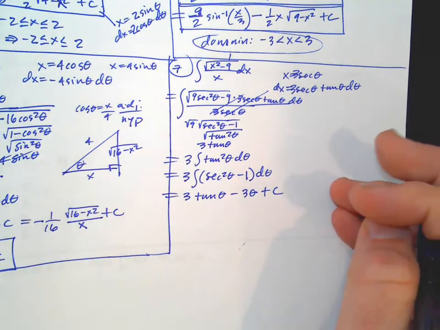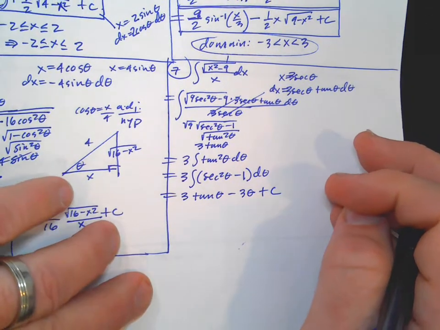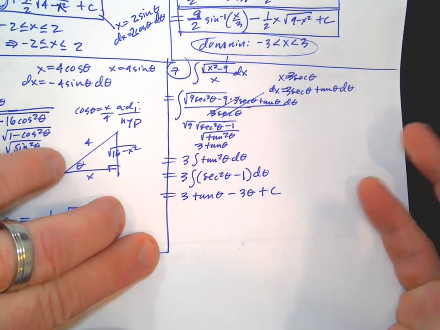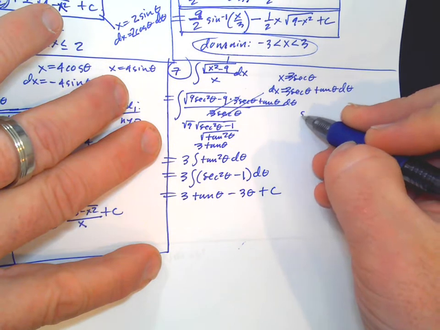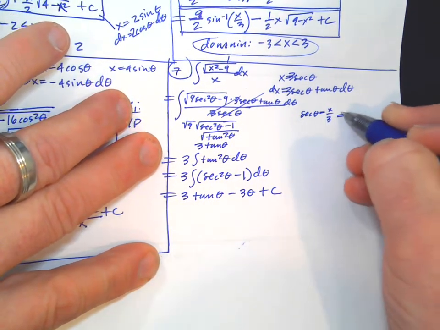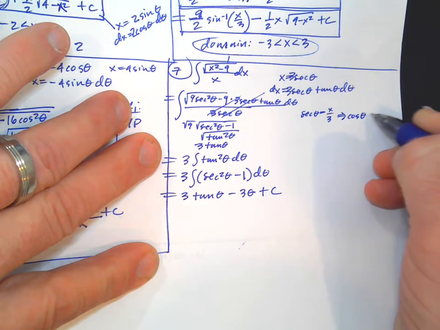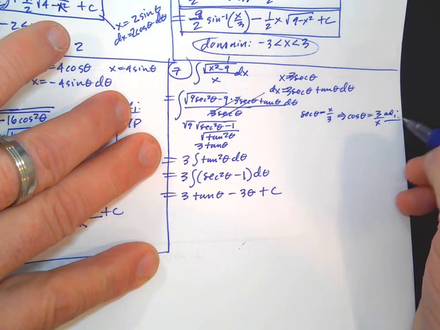Now I need to rewrite this back into terms of x. So I have up here secant theta equals x over 3, which is the same as cosine theta equals 3 over x, which might be a little easier. And that's going to be adjacent over hypotenuse.